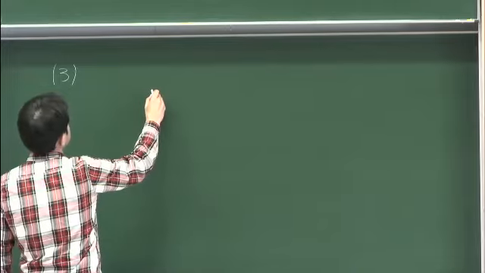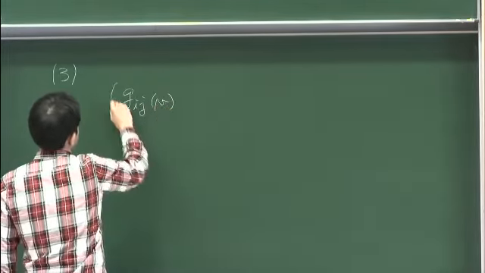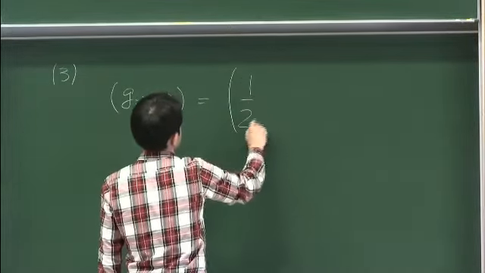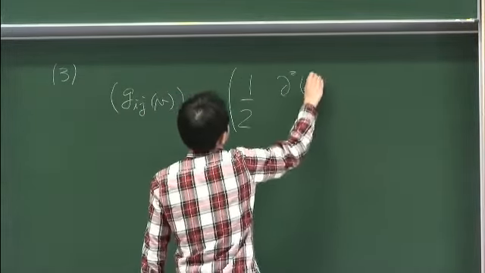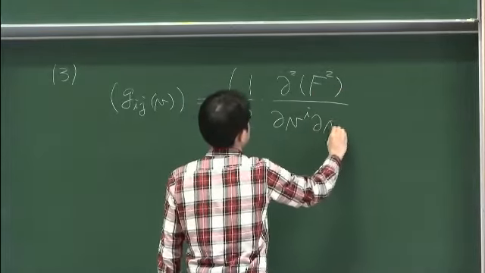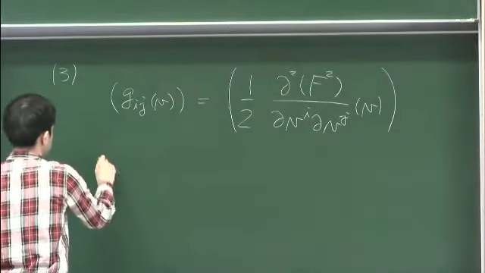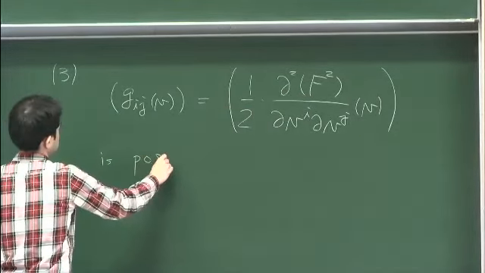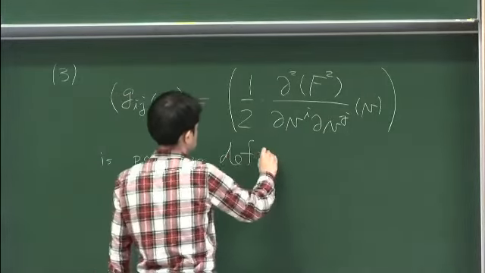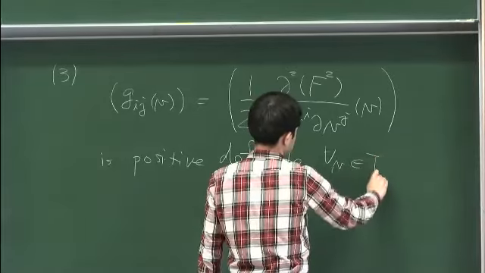We assume that the matrix defined by the Hessian of F squared is positive definite for any non-zero vector.